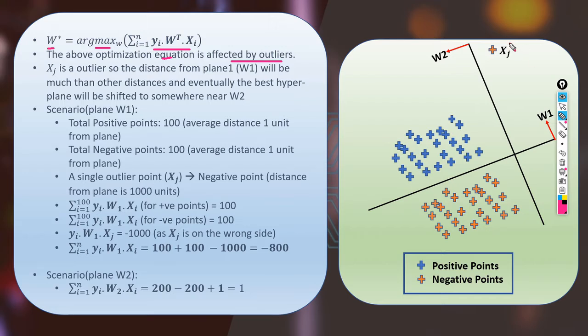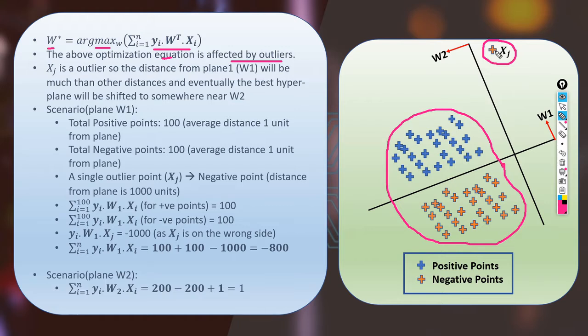Now, here you can see xj. xj is a point which is an outlier. How can you see visually that it is an outlier? Because both the positive and negative points are separable, but all the points are in a similar cluster. In a vector space, when a point lies far from the original cluster, that is called an outlier.